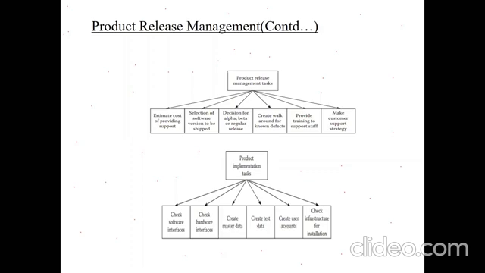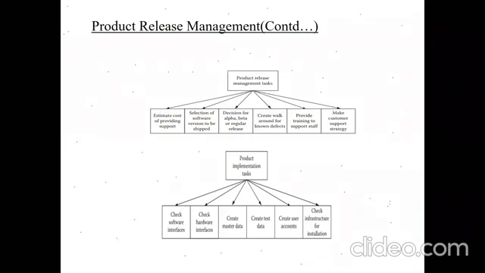And in beta testing, it will be given to a set of power users, so that the power users find some bugs, and if they find any bugs, they'll report, and it will be cleared, and then it will be given for regular release. So this decision is made during this product release management task. So it comes under the management task.